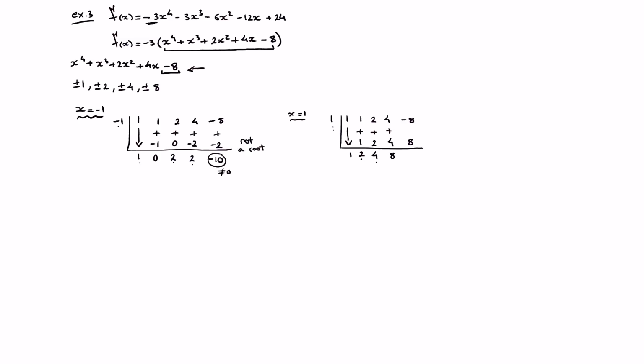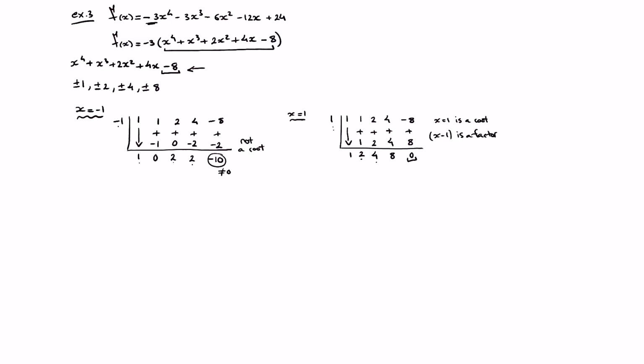And finally, negative 8 plus 8 is 0. And since we find 0, we can state that x equals 1 is a root. And therefore, x minus 1 is a factor.